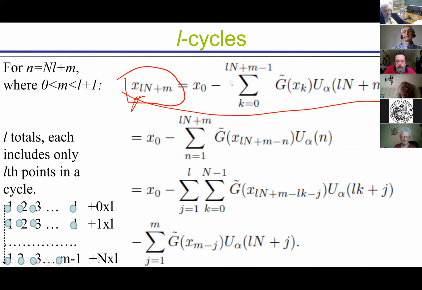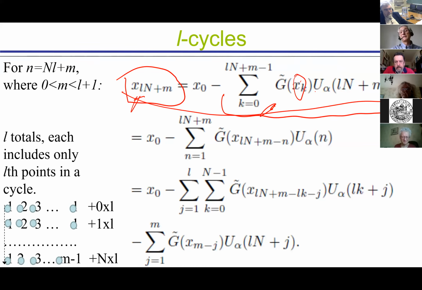And in finding this total, we want to separate terms with different values of m, terms which converge to different values. So there will be totally L different values of x_k to which the solution converges.